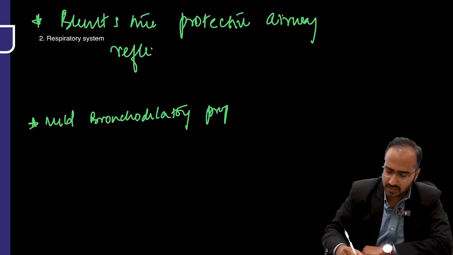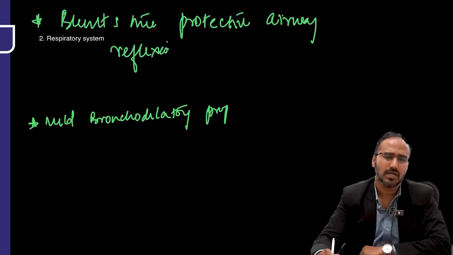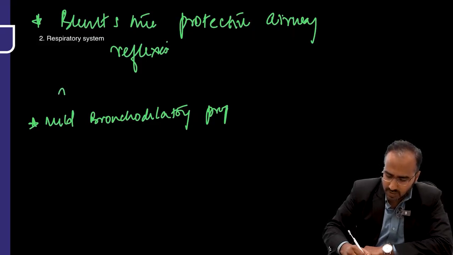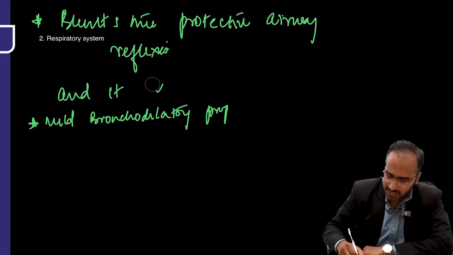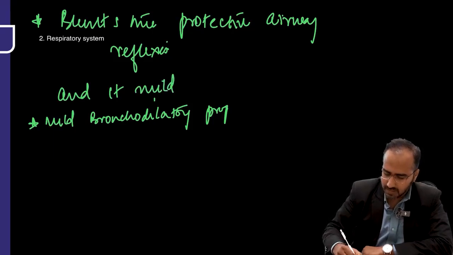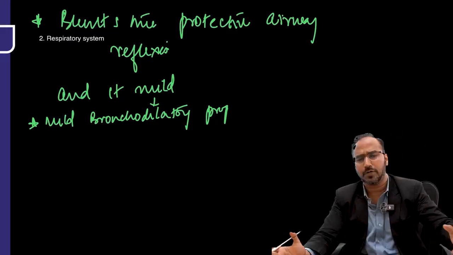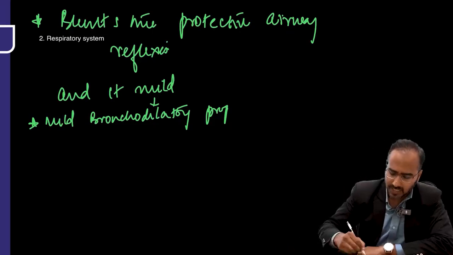Epiglottic reflexes are blunted by propofol. It also has a mild bronchodilatory effect. It doesn't mean that it is a potent bronchodilator. Potent bronchodilator is only ketamine. So propofol blunts the protective airway reflexes.